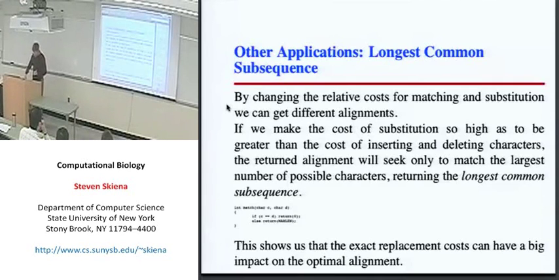So let's look at what would happen if I made the cost of substitution very, very high. Right now, before, I had the cost of a substitution be 1, an insertion be 1, and a deletion cost 1. What if I jacked up the cost of a substitution high enough?